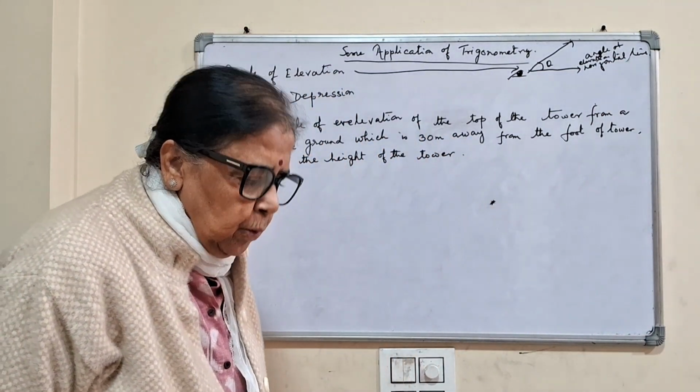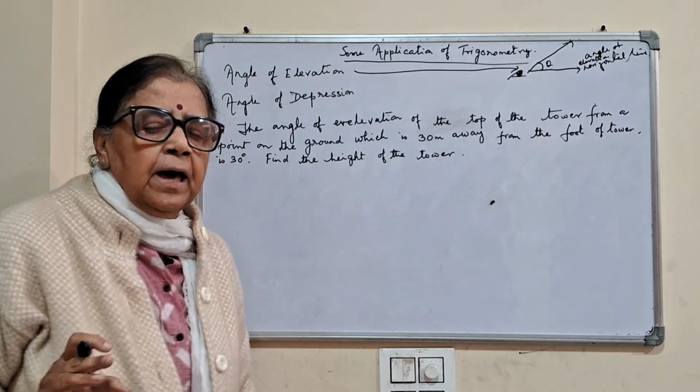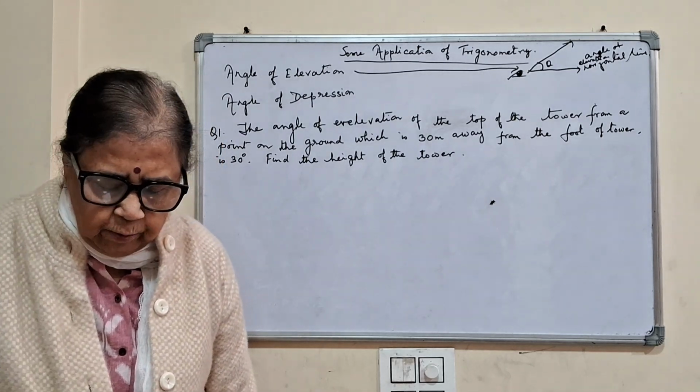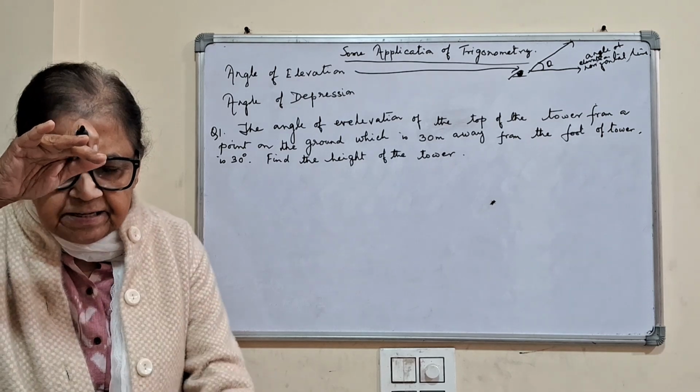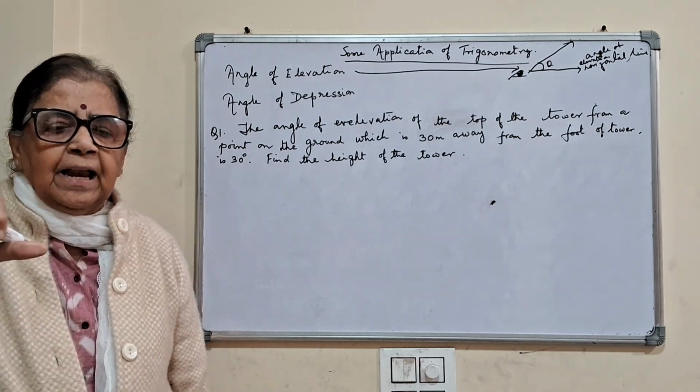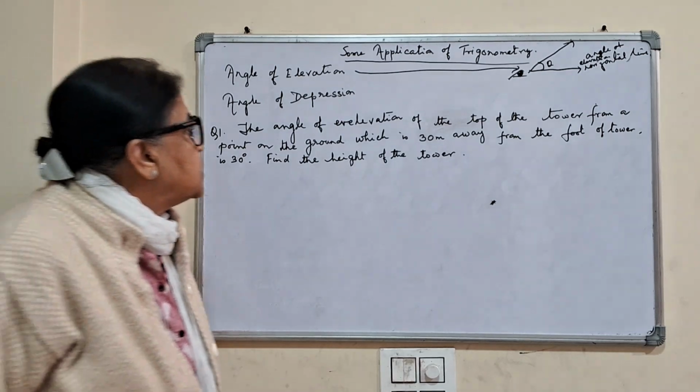Suppose I am looking down. I am standing on the third floor, and I am looking down. So, the angle made by my eye rays with the horizontal line is called angle of depression.